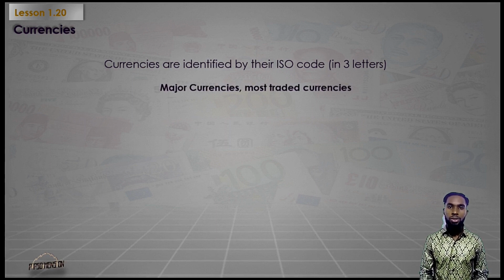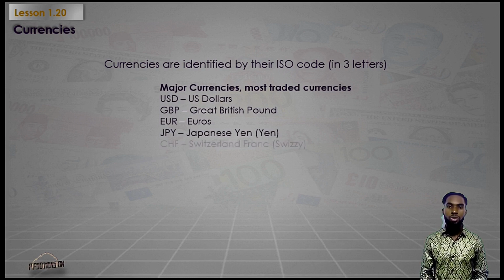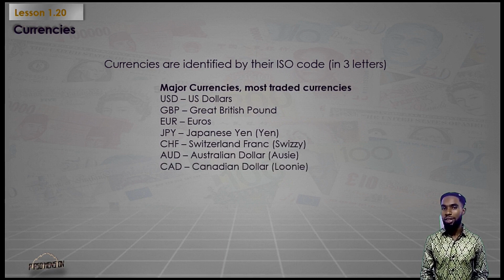This is probably because these currencies are the most used in economic transactions, such as the US dollar, the Great British pound, the euro, the Japanese yen, the Swiss franc, the Australian dollar, the Canadian dollar, and the New Zealand dollar. These are also known as the major currencies.